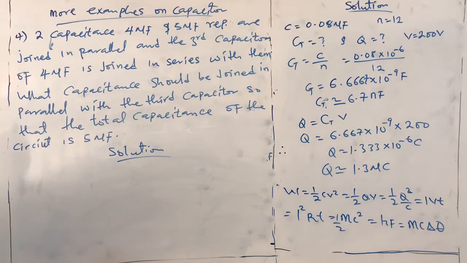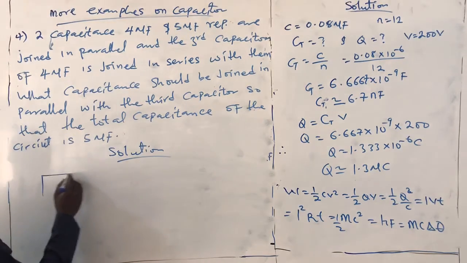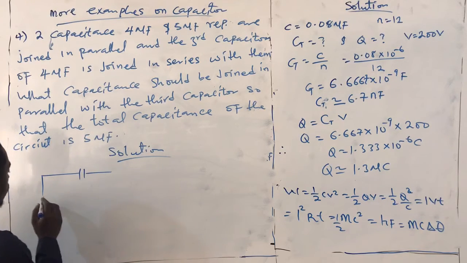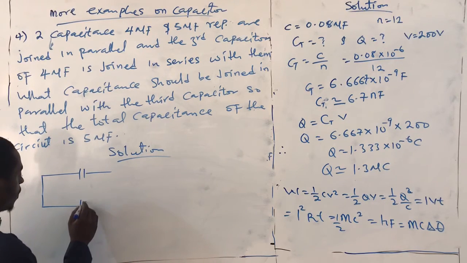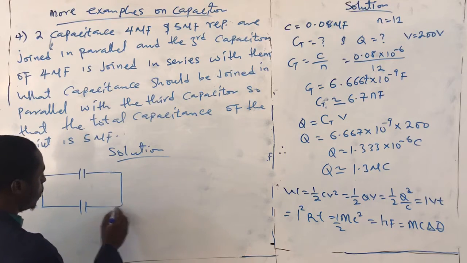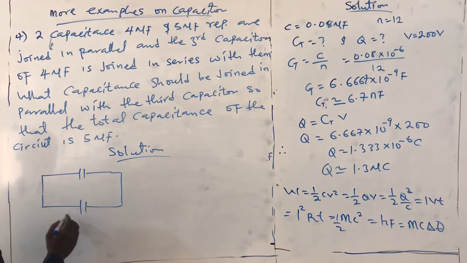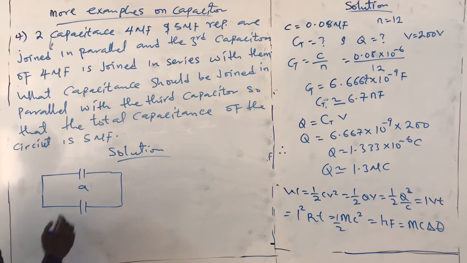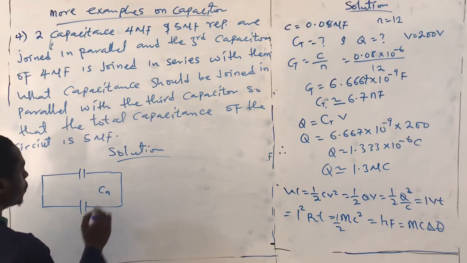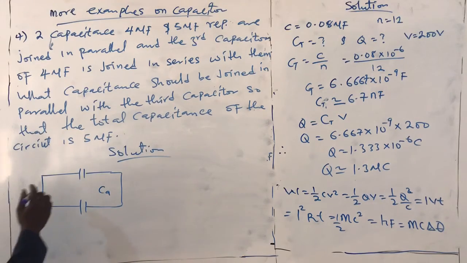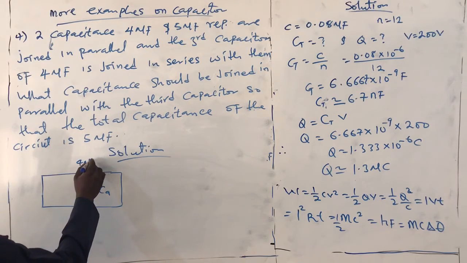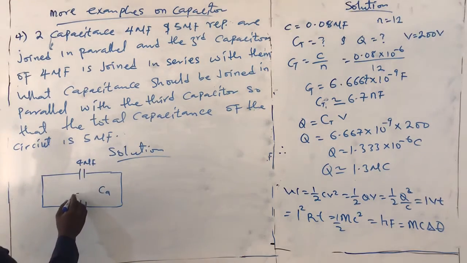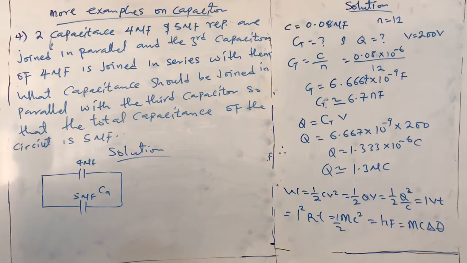of the question. The first thing said is that two capacitors are connected in parallel, and we know how a circuit can be connected in parallel form. Let's say this is capacitor CA, which is connected with 4 microfarad and 5 microfarad.